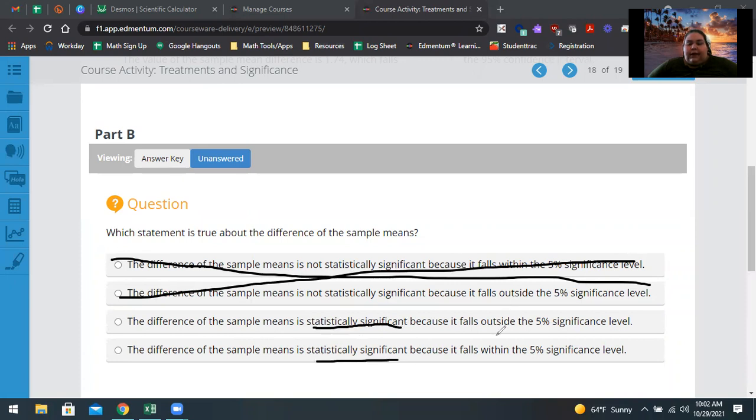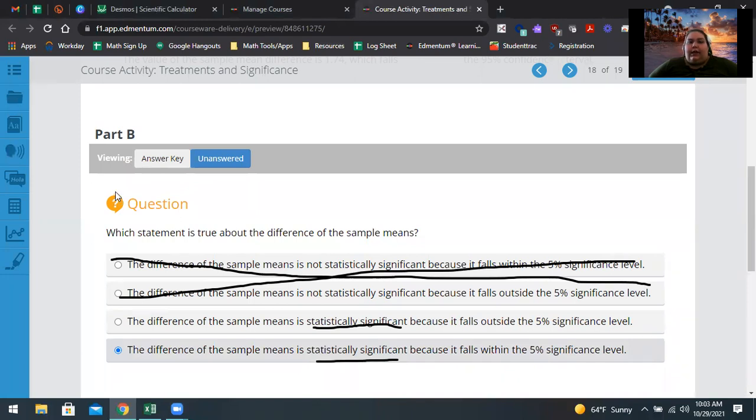But because it falls outside, it falls within the 5% significance level. So the key word you have to watch out for is that now they're talking about significance level. Because it is outside of the interval, that means it falls within the 5% significance level.